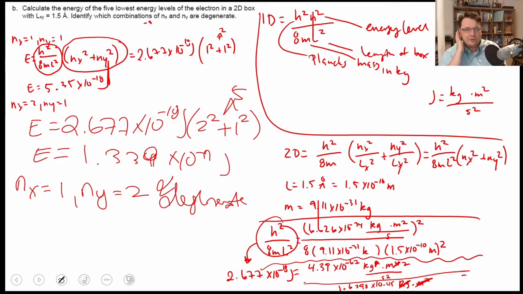And so you would work your way through, and after doing this, the next one you would have is nx equals 2 and ny equals 2. And then after that, the first thought that most people jump to is nx equals 3 and ny equals 2. But that actually skips over a lower energy orbital, and that's going to be where nx is equal to 3 and ny is equal to 1.